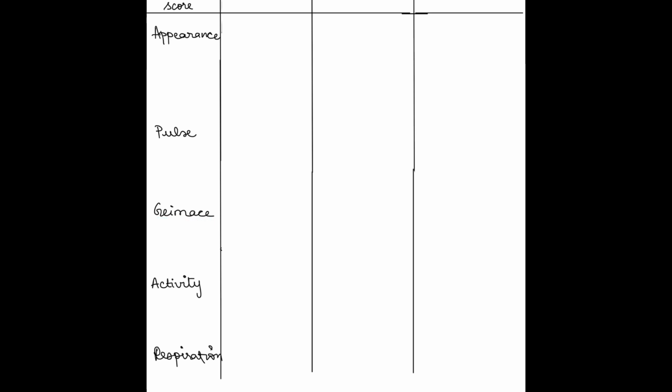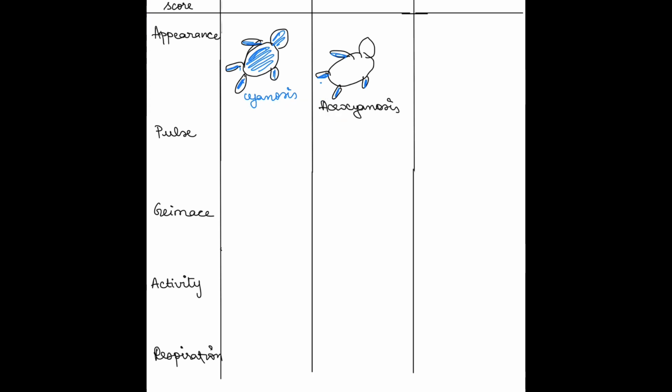First, appearance. If the baby's overall appearance is bluish, this suggests cyanosis, and cyanosis means 0 points. Then, if only the extremities are bluish, this is known as acrocyanosis, and we will mark it as score 1.